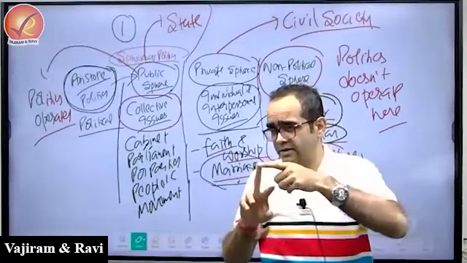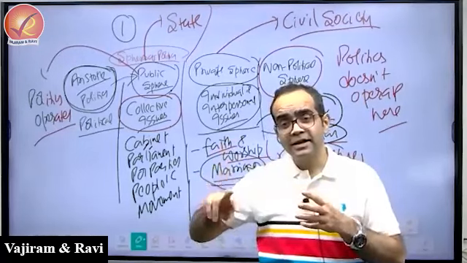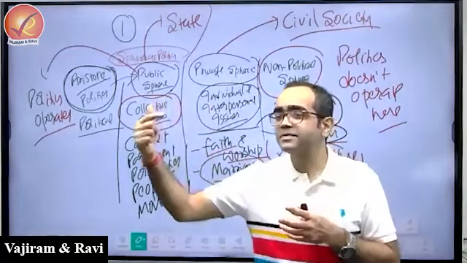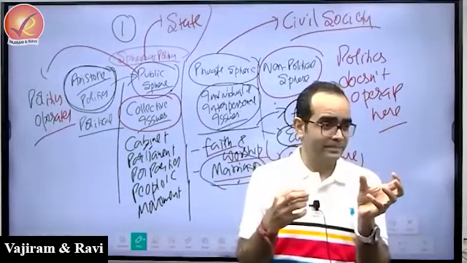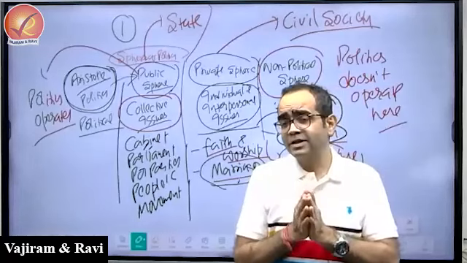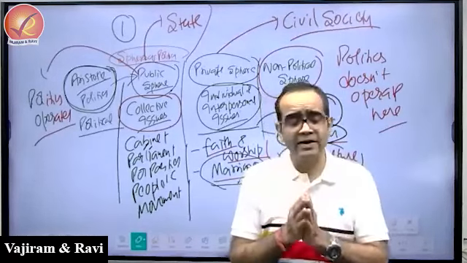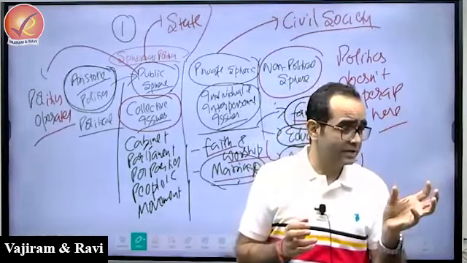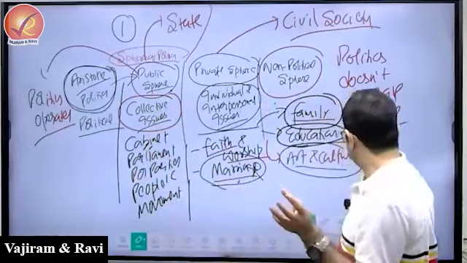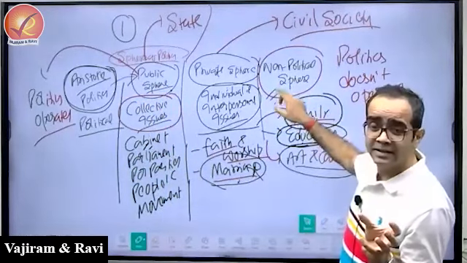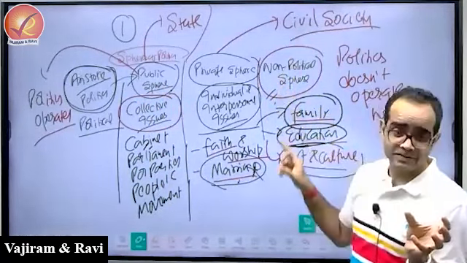Civil society belongs to the private sphere, and the state belongs to the public sphere. Politics as an activity, the traditional notion says, is confined only to the public sphere and does not include the private sphere. Private sphere, as I said, is a non-political sphere.